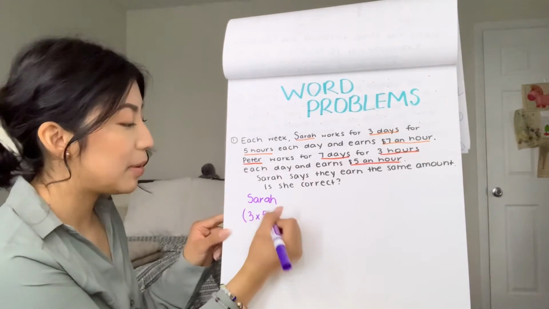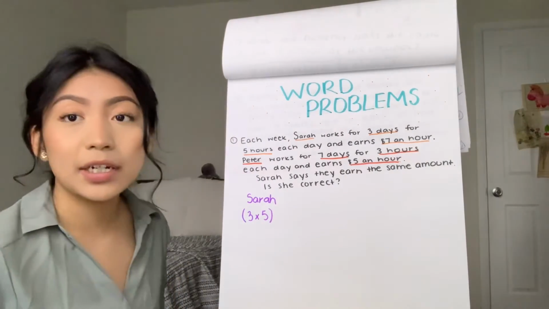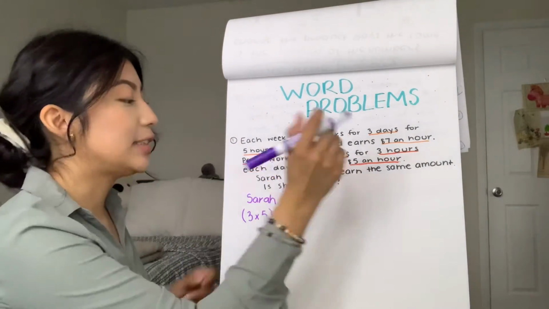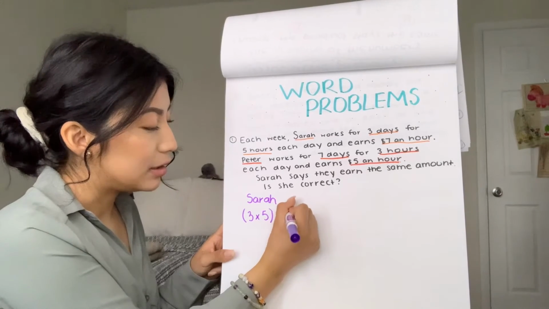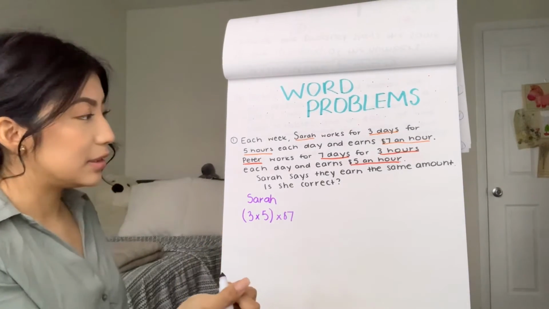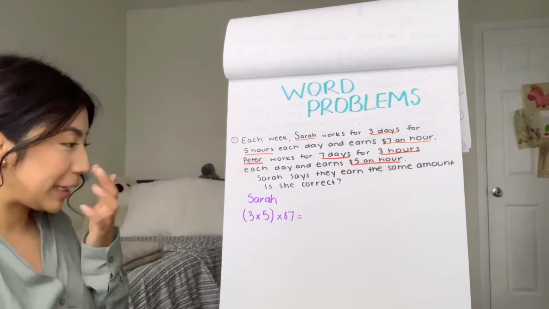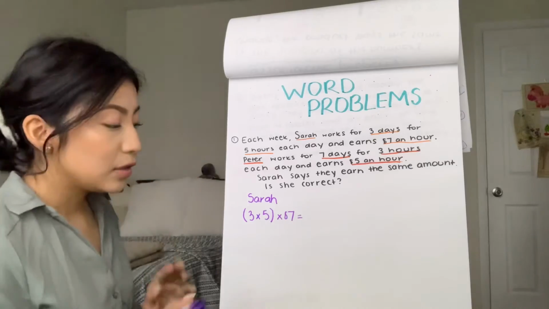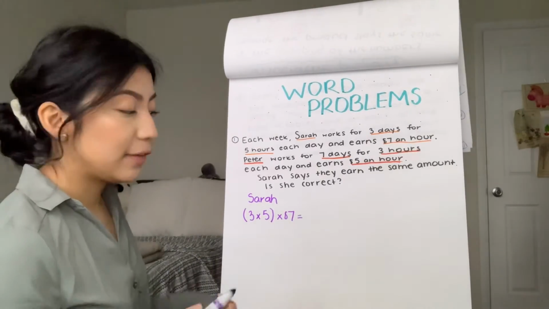All right, let's remember to close our parentheses here. And how much money does she earn? $7. So let's add that in the equation here. All right. So let's look at her equation first. So what is 5 times 3? 15.